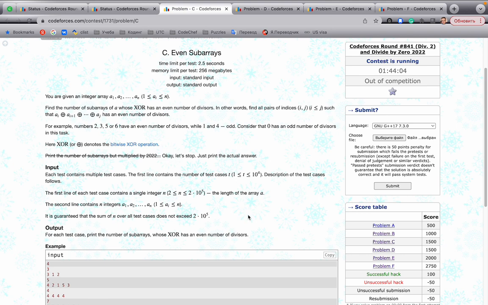And we can do that by going left to right, and we will calculate prefix XORs, and for each XOR we will maintain how many times we have seen it.